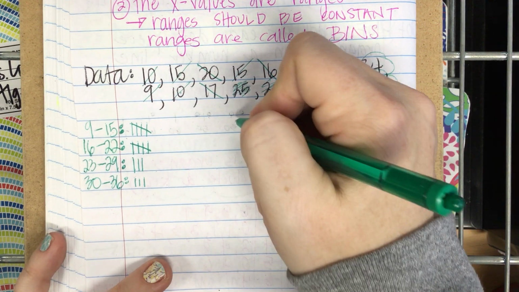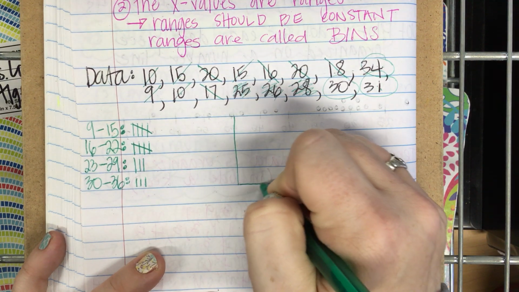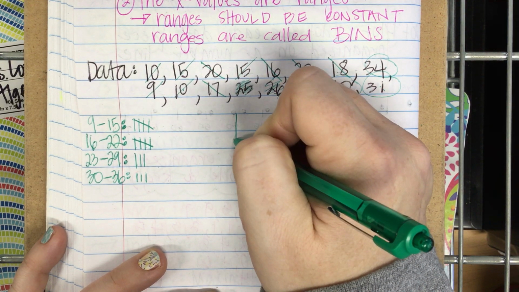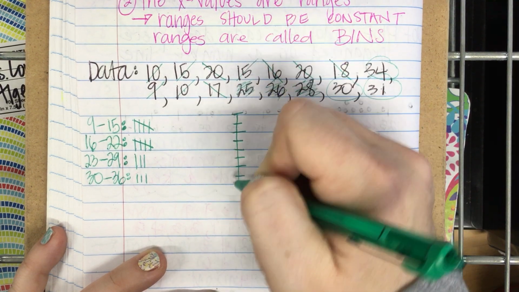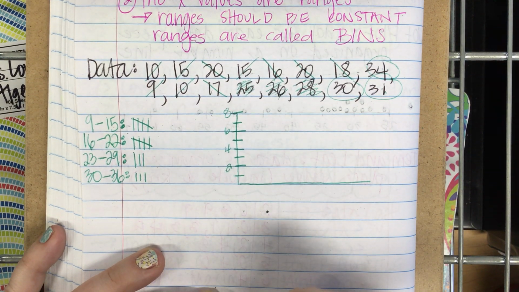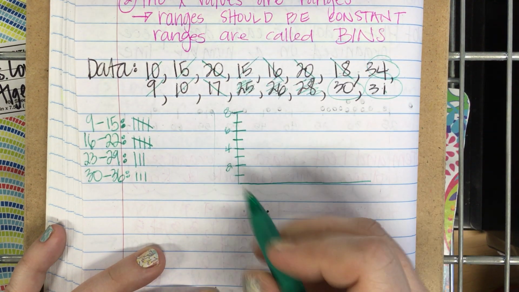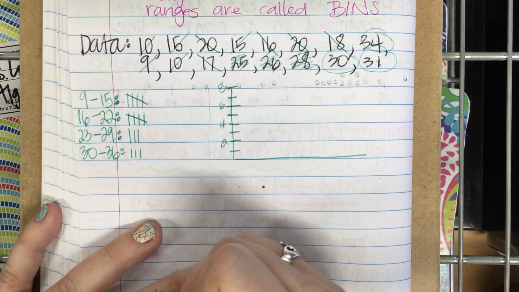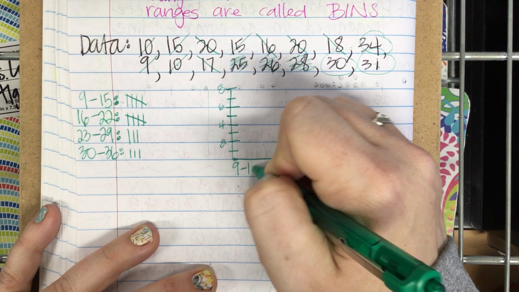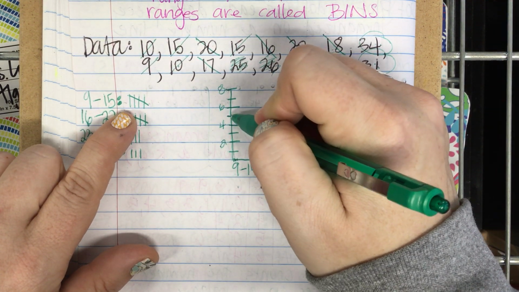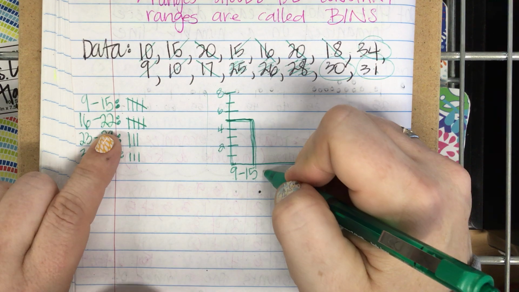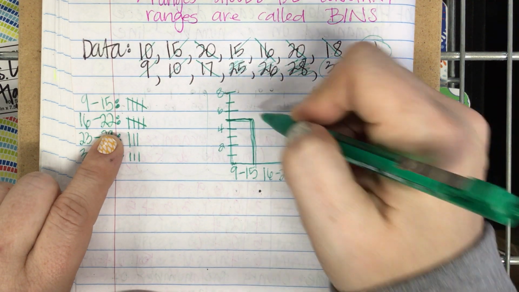So if I was going to make my histogram, it's a bar graph. 1, 2, 3, 4, 5, 6, 7, 8, right? This is my frequency. And down here will be my bin width on my x-axis. And I can do a little squiggle, show it doesn't start at 0, right? Or I can just go 9 to 15, which would be 5. 16 to 22, which is also 5.